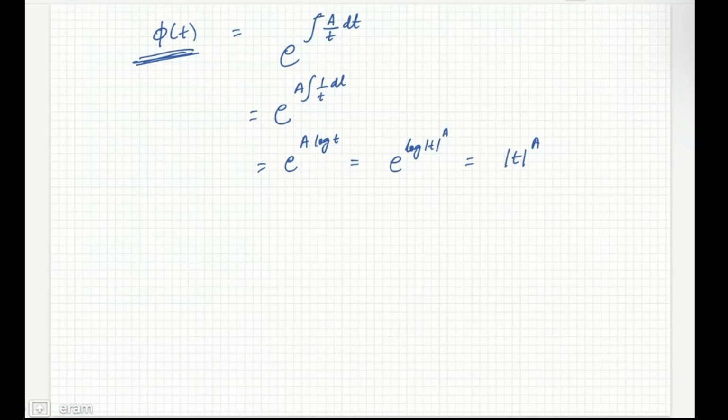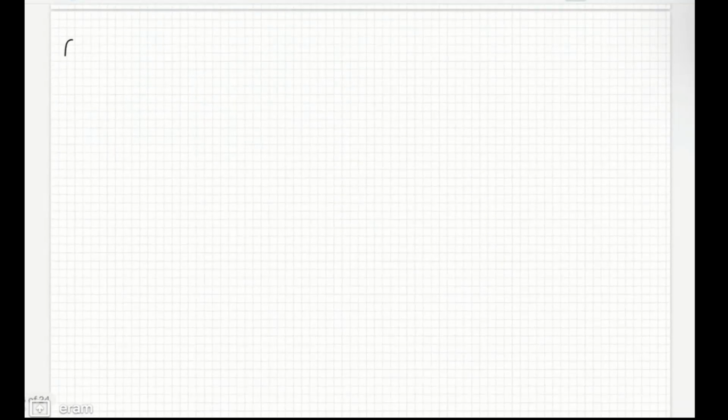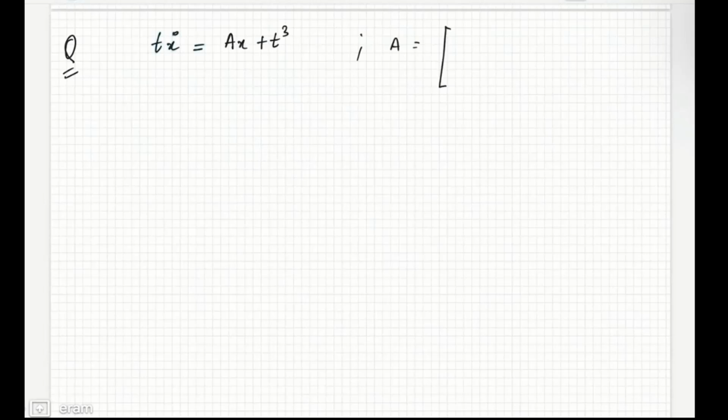Now in the similar way you can calculate the solution for system of the form t x dot equals to ax plus t q, where you have a given as 1 2 0 minus 1.